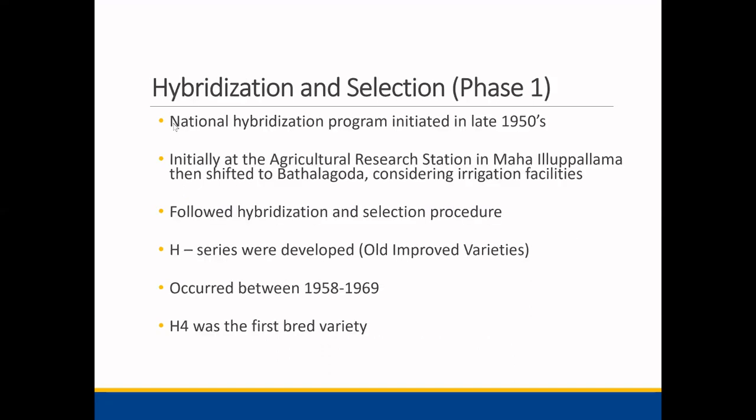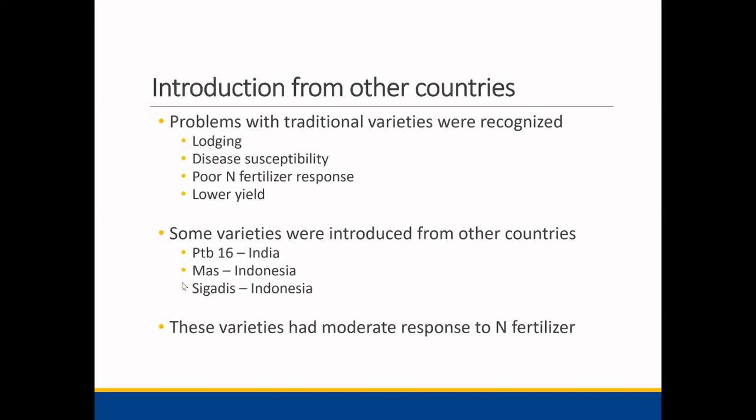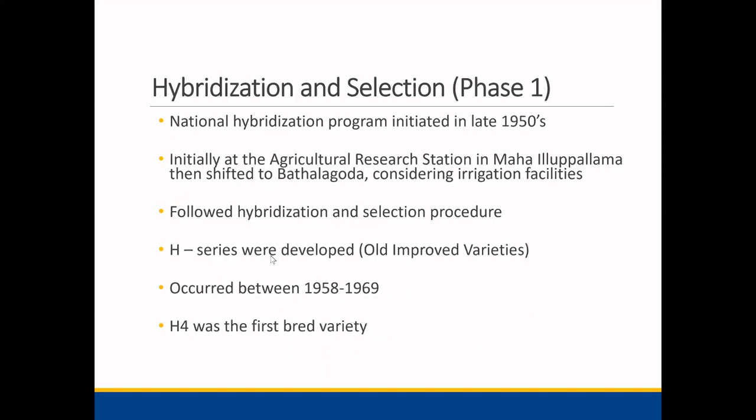So after this introduction, they decided to work on hybridization and selection, because these are foreign varieties, and they were also not performing well to the situation in our country, right? To the agroclimatological conditions, they were not performing well, right? So then they thought we have to work on hybridization and selection, right?